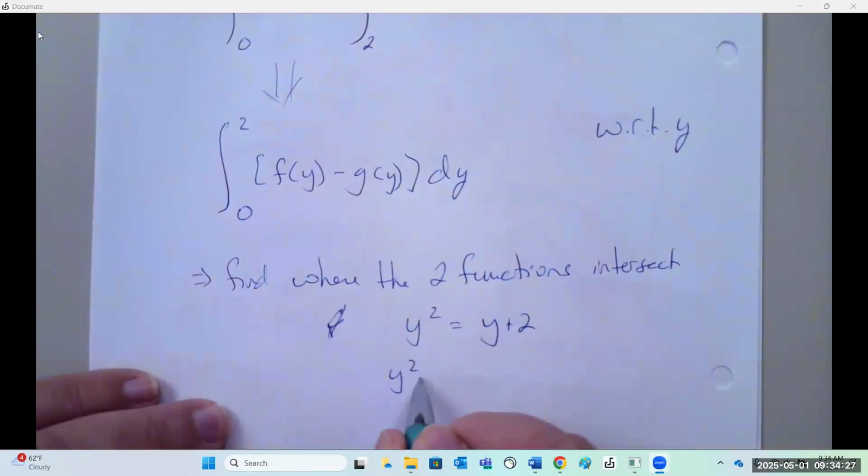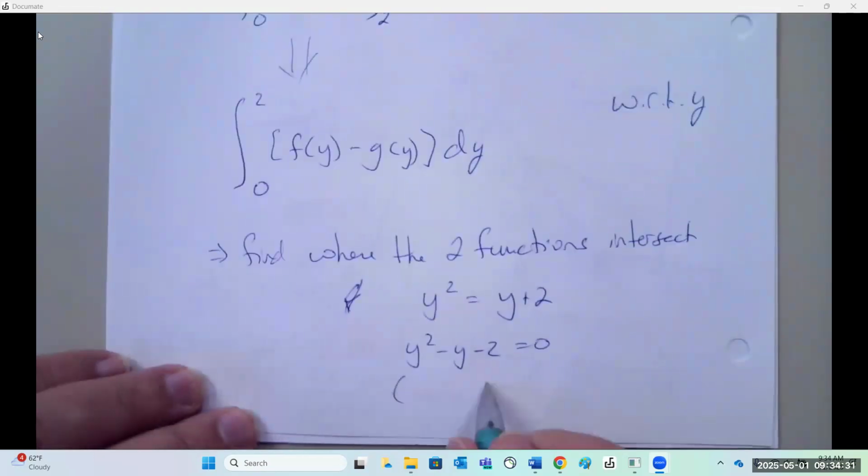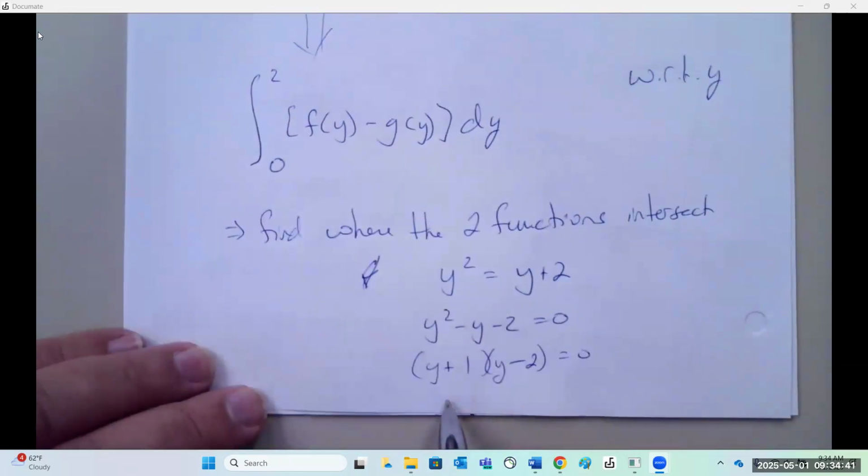So we have y squared minus y minus 2 equals 0. So y equals -1 and 2.